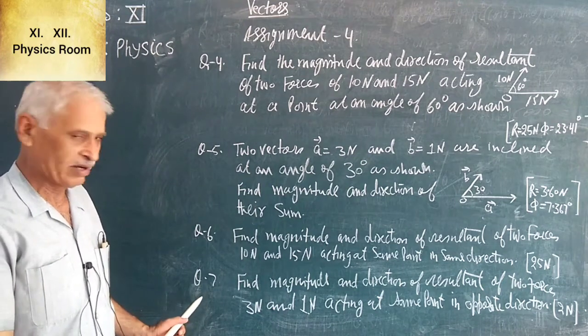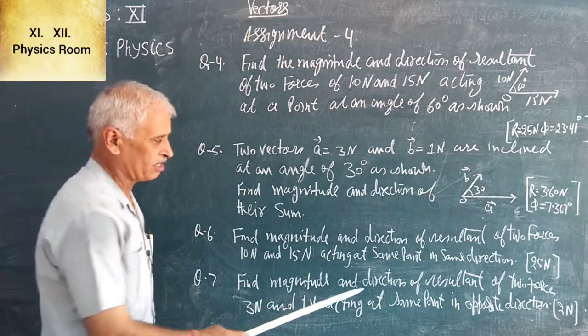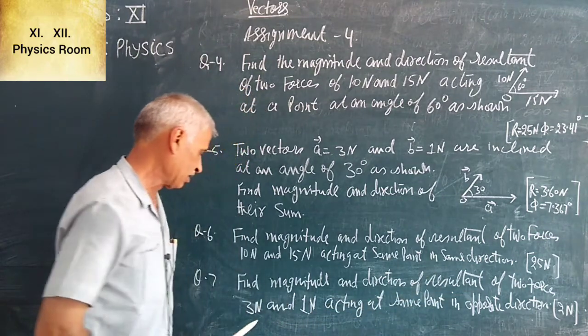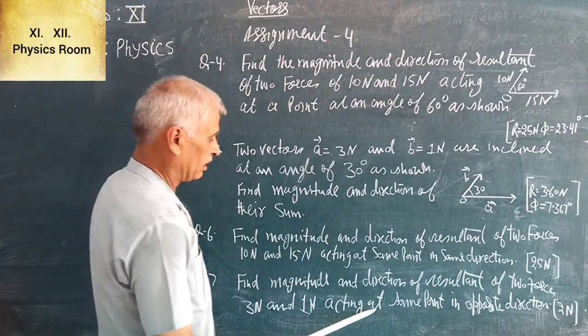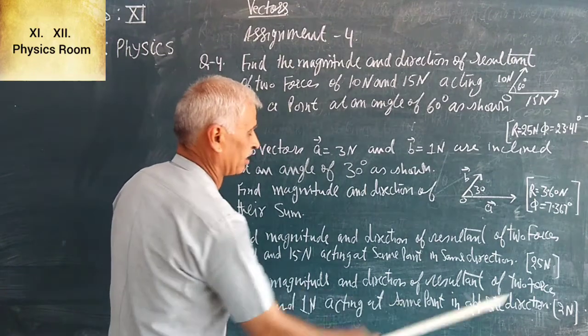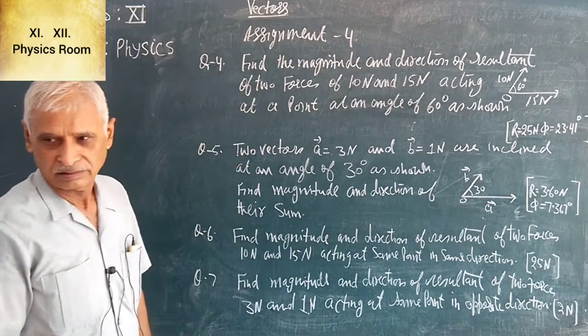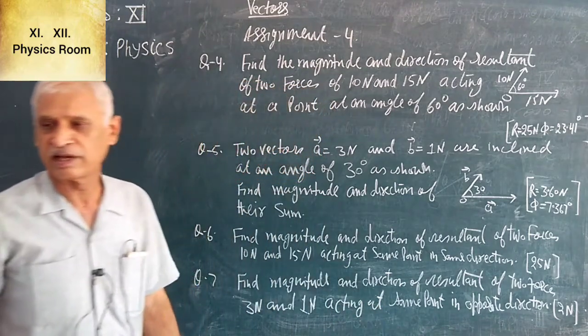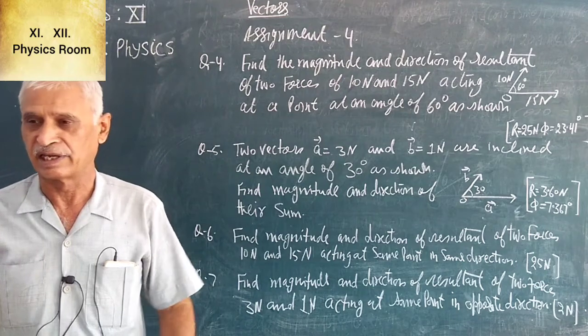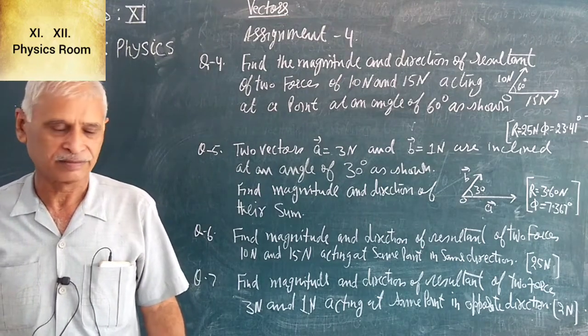Now question number 7. Find magnitude and direction of resultant of two forces 3 Newton and 1 Newton acting at same point in opposite direction. So here is the result, 2 Newton. You have to draw the diagram and calculate the result and then justify it.